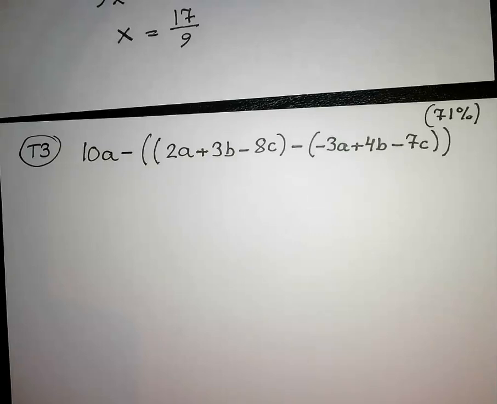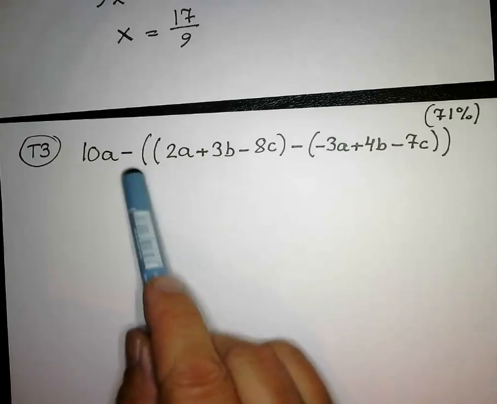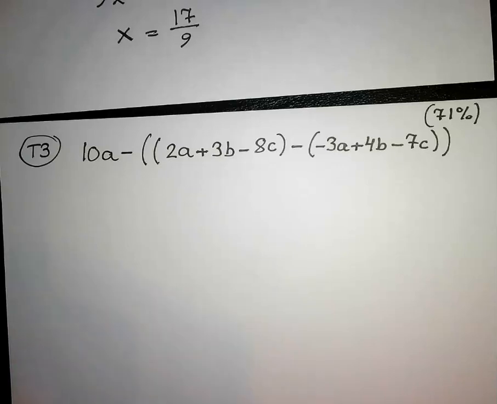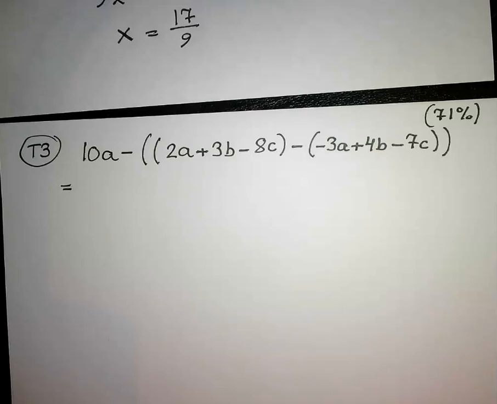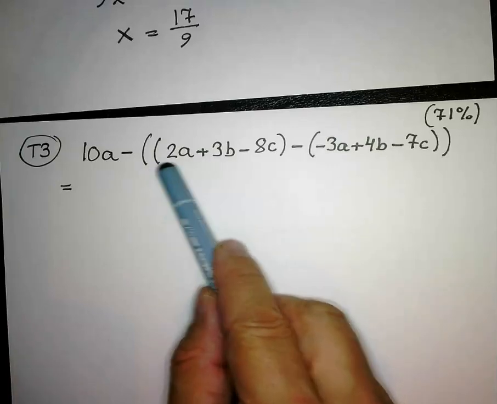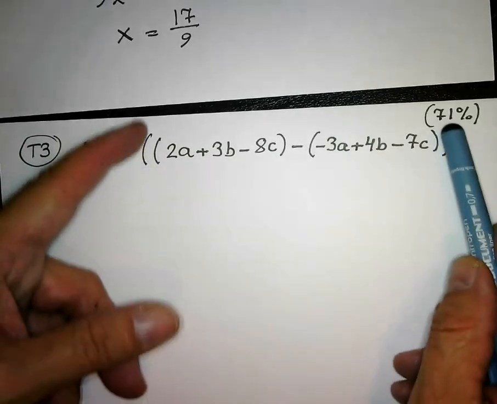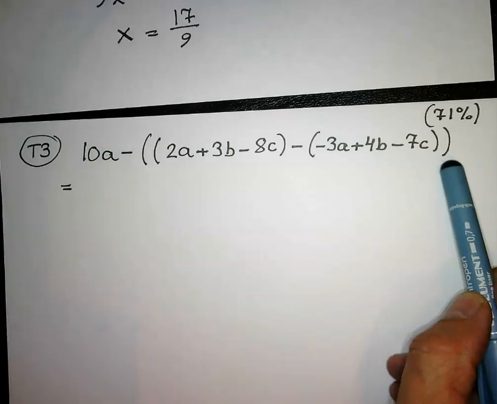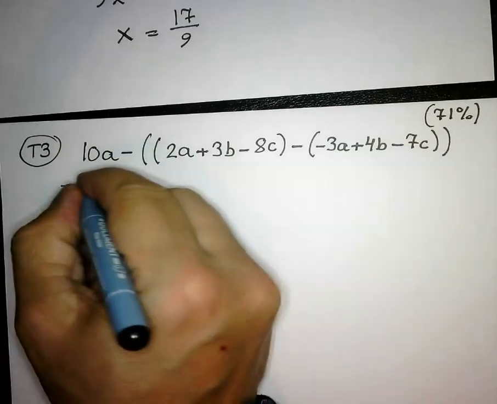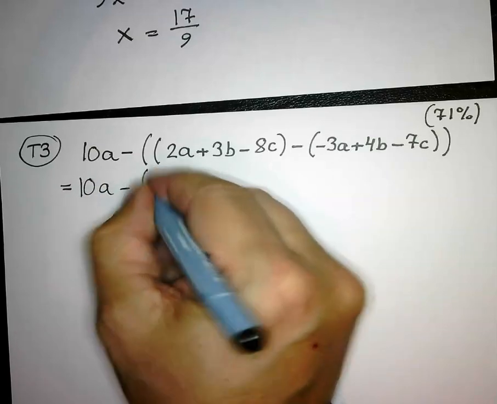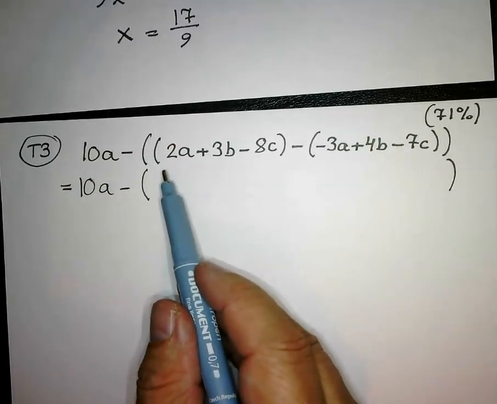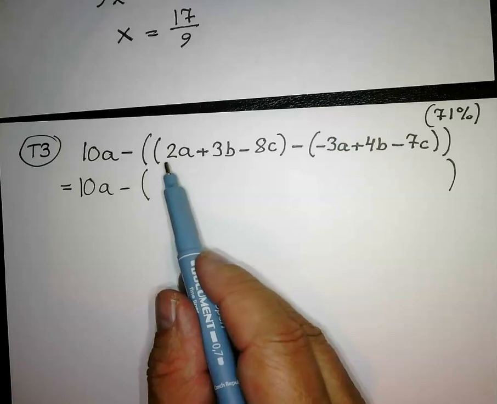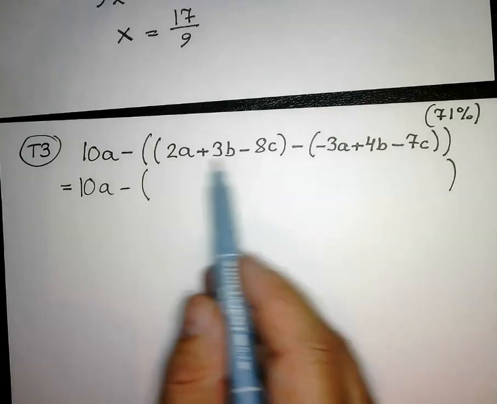And here we have these parentheses. Let's start from the inner parentheses, I mean these parentheses which are inside of these outer parentheses. So we don't do anything with the outer parentheses yet, but we only take away these inner parentheses.